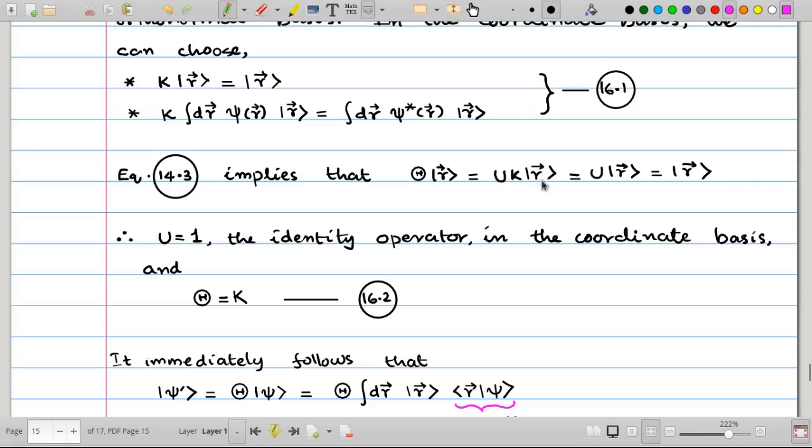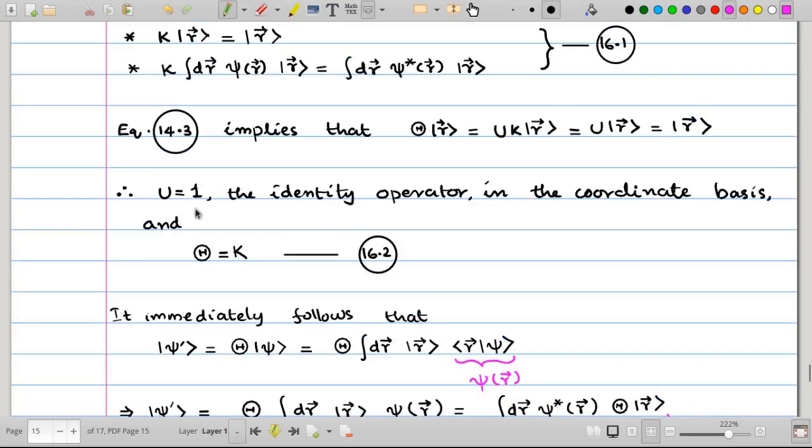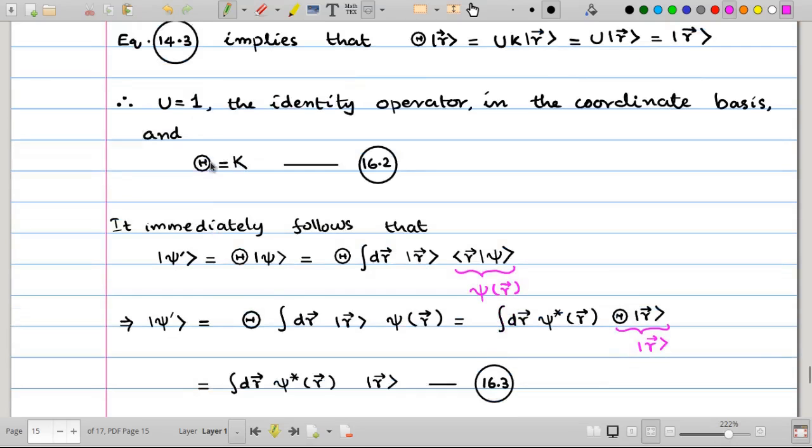That is, uk acting on r should be r, but k acting on r is r, which means u acting on r should be r. So the unitary operator u in the position representation, the coordinate representation, can be taken to be simply the identity operator, and we can write theta as k, the complex conjugation operator.